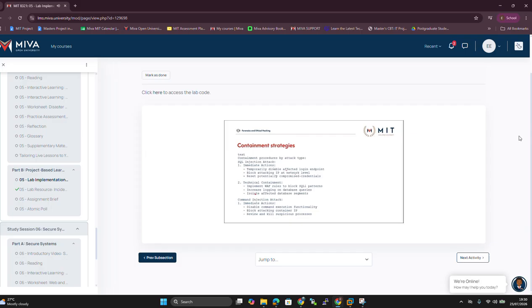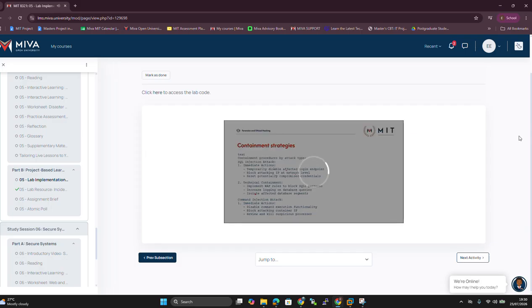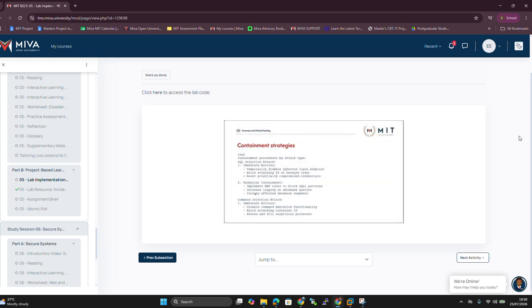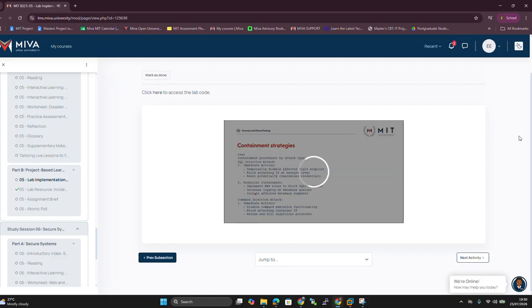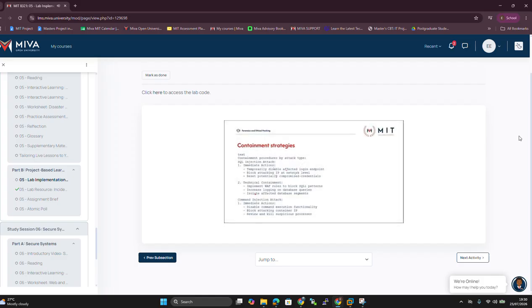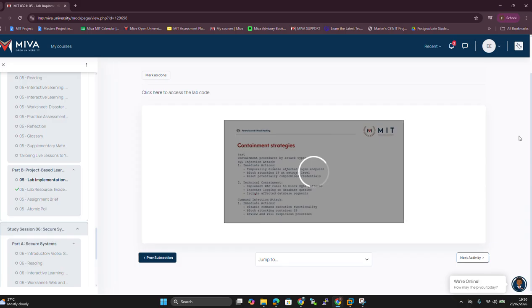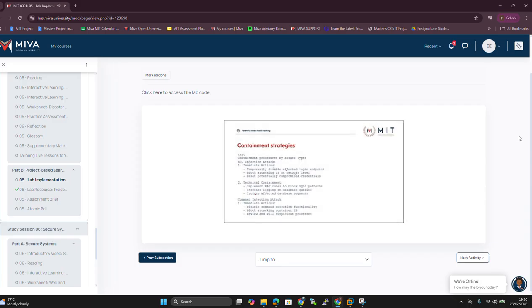That determines what your containment strategy would be. For instance, the first part is for SQL injection attack. We have immediate actions and we have technical containment.